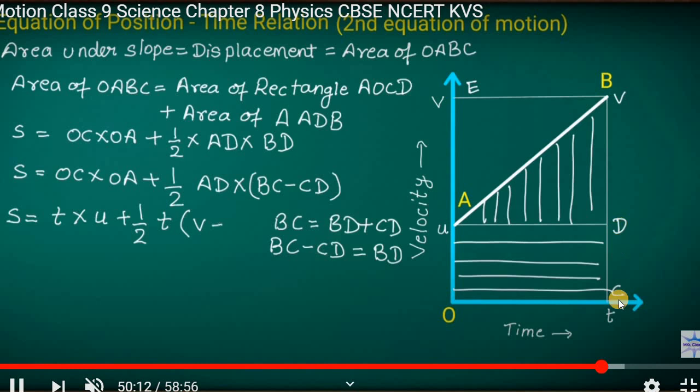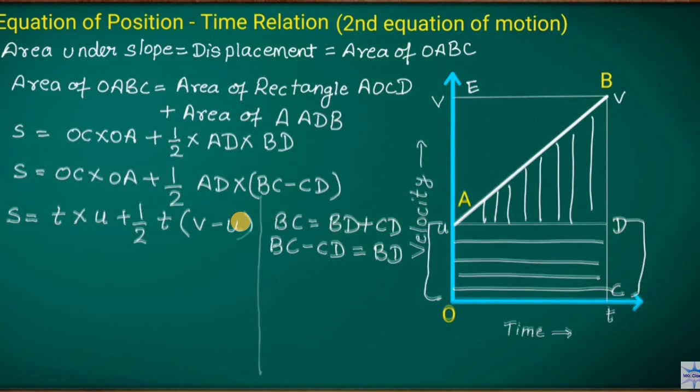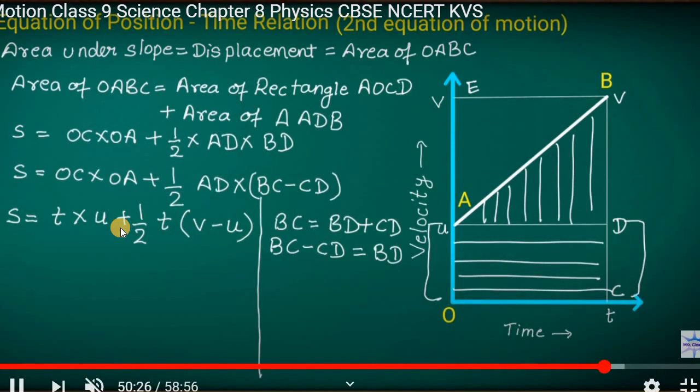CD is the initial velocity, meaning CD is equal to AO and OA is equal to U. So we can write U. Meaning V minus U. Now let's use the first equation of motion. As we know, V is equal to U plus AT. Here you can see V minus U is there. So if we take V minus U over here, then we get the value AT. Meaning V minus U is equal to AT.